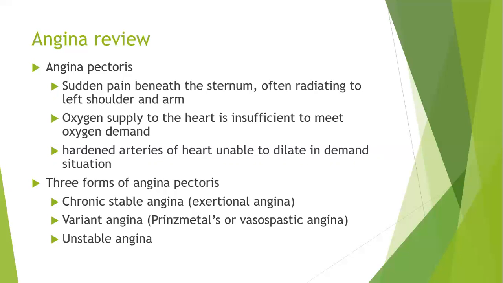The usual cause is hardening of the arteries of the heart, which are unable to dilate in the situational demand. So there are three main forms of angina. There's chronic stable angina, that's usually triggered by exertion. Variant angina, which is the vasospastic type, and unstable angina.